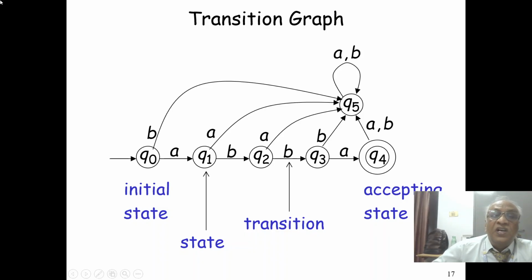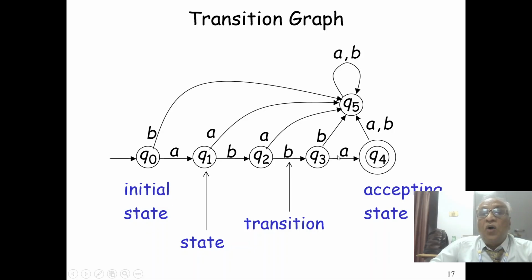Now what does this graph comprise of? This graph comprises nodes and edges. Typically any graph is comprised of nodes and edges. Now these nodes are called states. So how many states are there? Q0, Q1, Q2, Q3, Q4, Q5. So a total of 6 states are there.